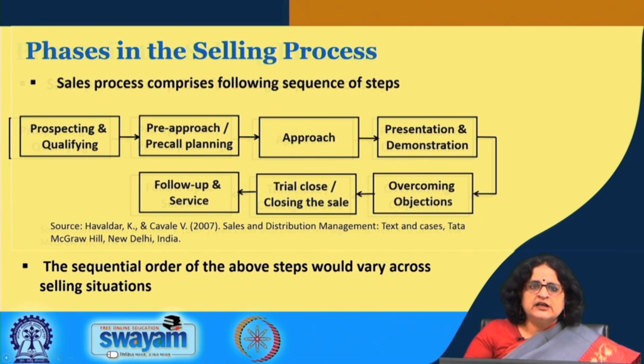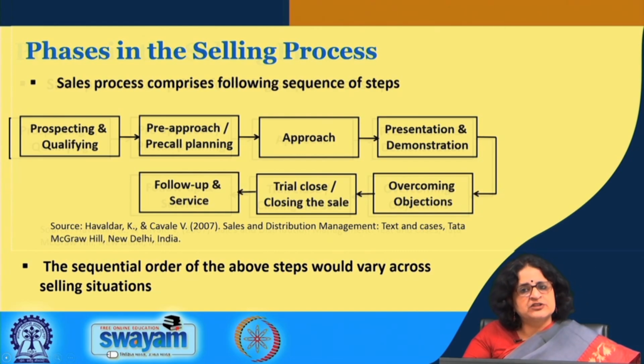Finally, he must go in for a follow-up and service with the customer, so that customer satisfaction is ensured, loyalty can be built and long-term relationships can be achieved. This particular process has been proposed by Havaldar and Kawale, and this figure is sourced from his book on sales and distribution management, Text and Cases, by Tata McGraw-Hill.